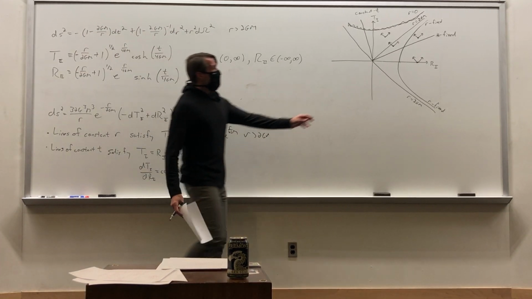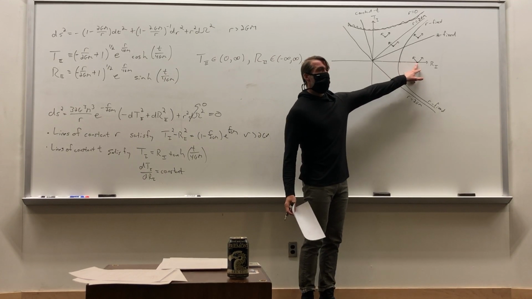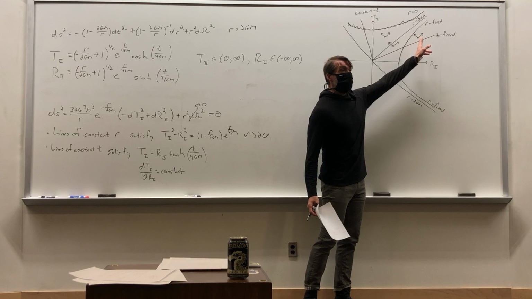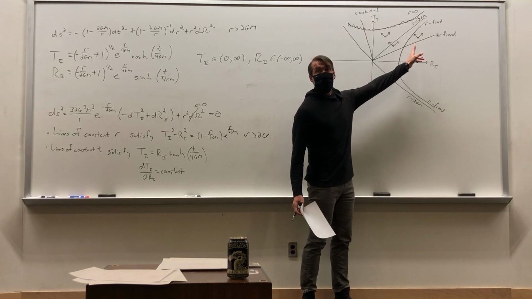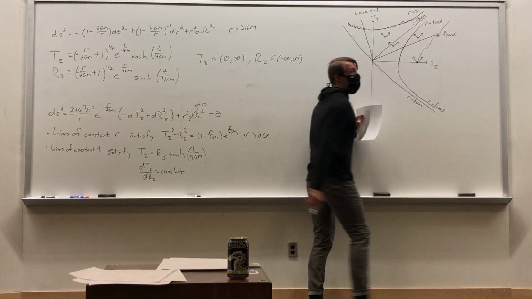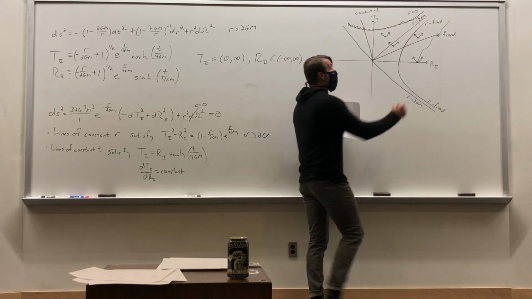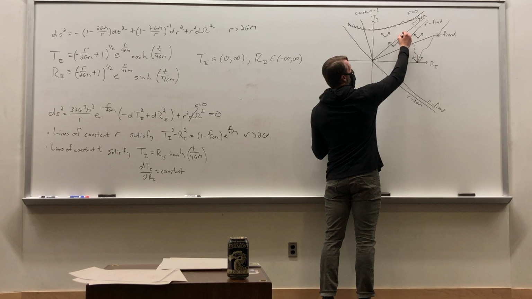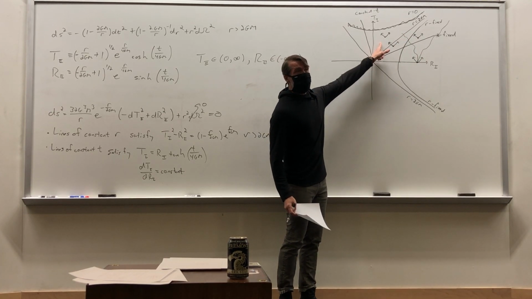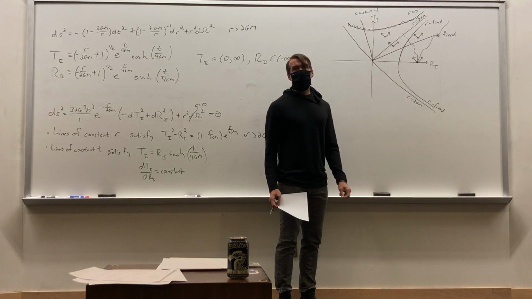Notice, if I start out here, I can move away from the horizon of the black hole and never go into it. Or, if I want, I can go into it. However, once I'm inside of it, where am I headed?